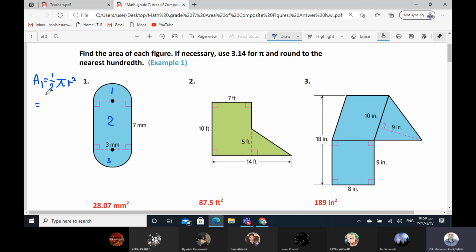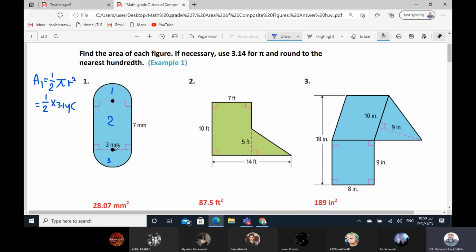Substitution: 1 over 2 times the value of pi, 3.14, and the radius.